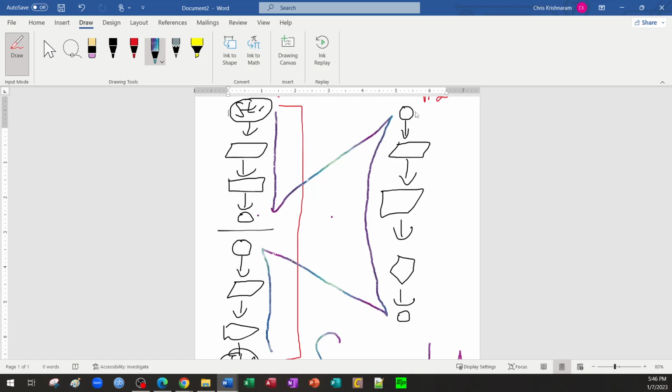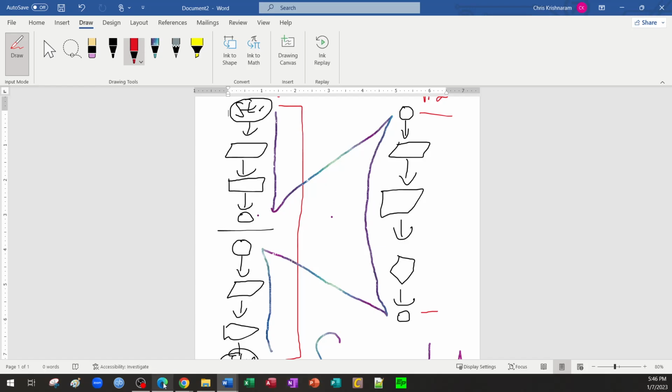Notice it does not have a start symbol, it does not have a stop symbol, but the connector symbol is indicating that it is a part of a much bigger flowchart, or a part of a flowchart that has the stop and the start. So it does not need to have that here.